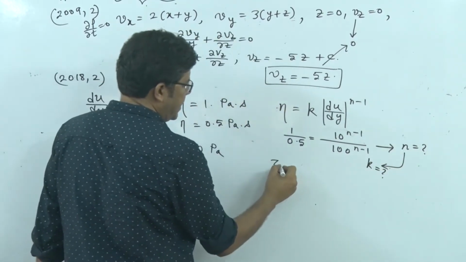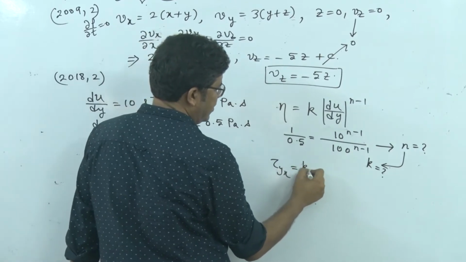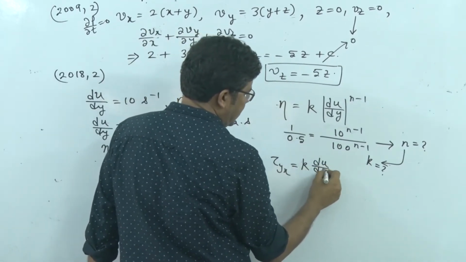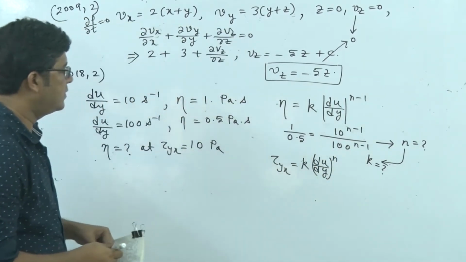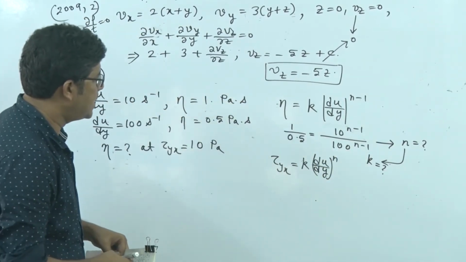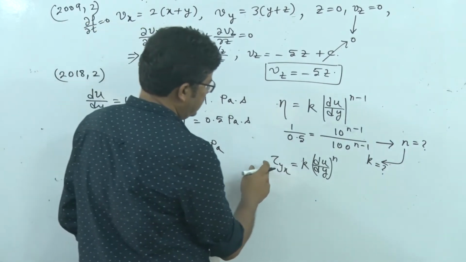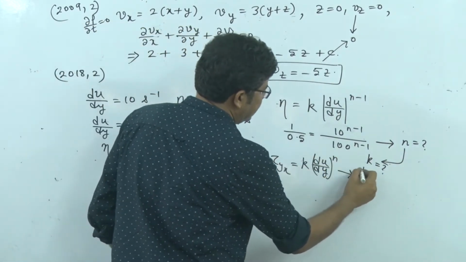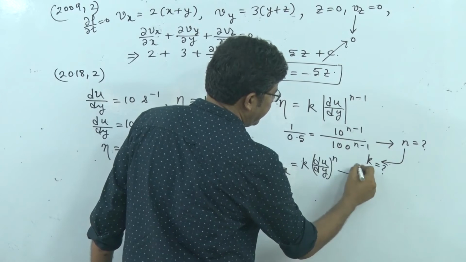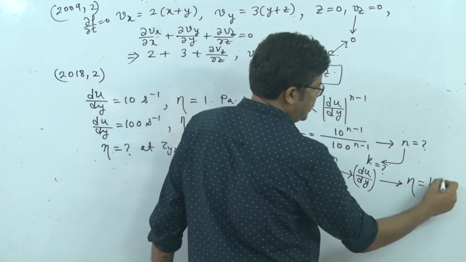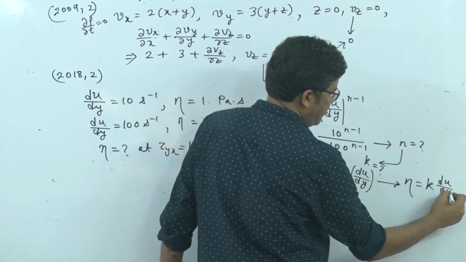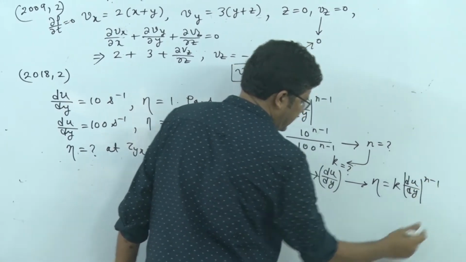And as you got K, now tau yx is equal to K into du/dy to the power n. So solve for this. You will find du/dy knowing K and n, and from there solve for eta as K into |du/dy| to the power n minus 1.